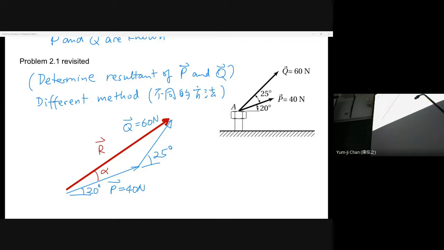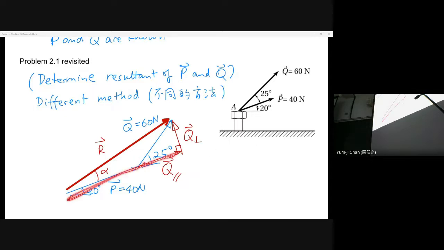Now we break this force Q into two components. We draw it like this, here and here. Okay, this one we just say Q parallel and Q perpendicular, and this one is 90 degrees. These two have the same direction.